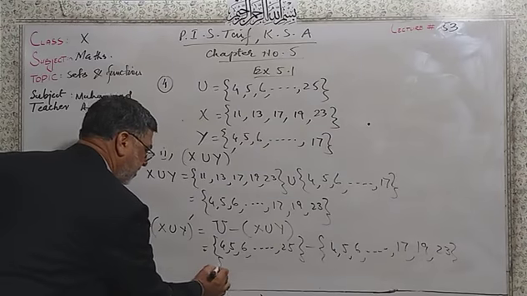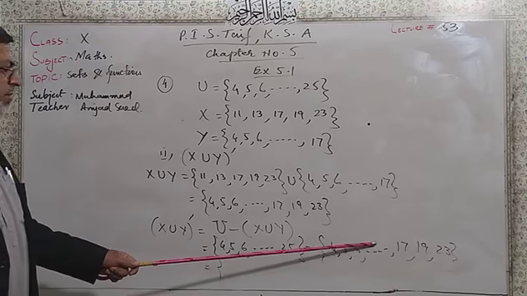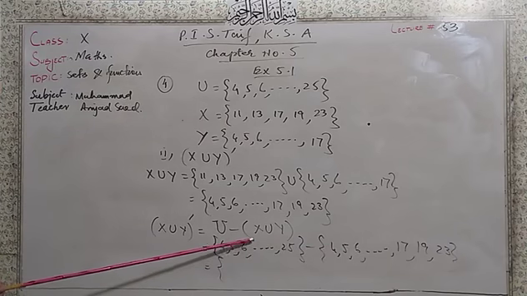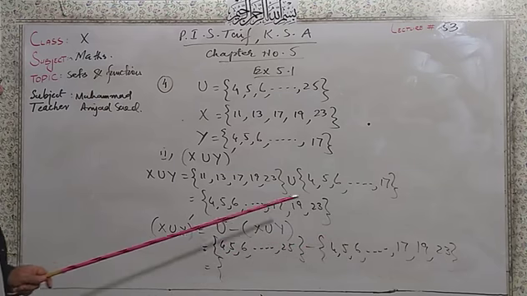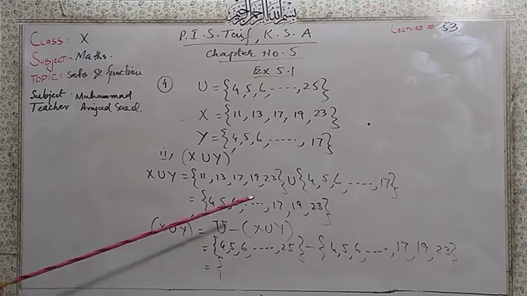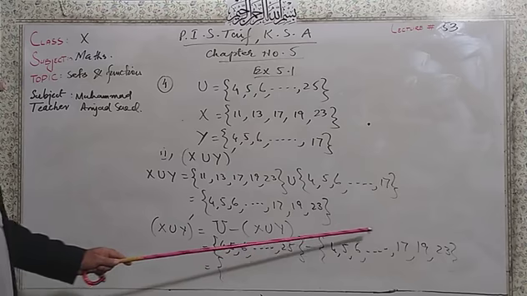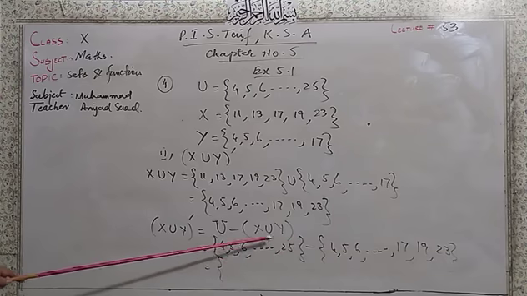Dear students, we subtract all these members from the universal, and what is left we will write down. 4 to 17 are cancelled from here.